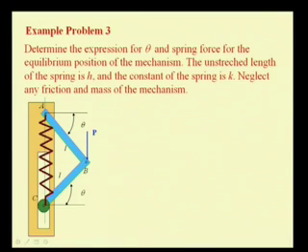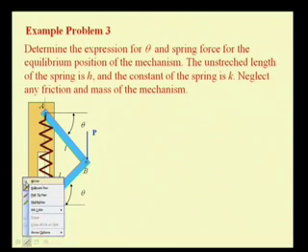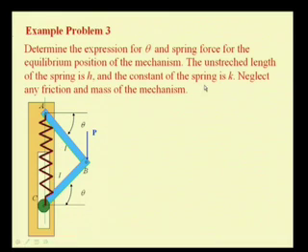So, in this example you see two links AB, BC which are pinned at A and B and it is connected to a roller at C, and this roller is free to slide in this slot. That is, we neglect this friction that is there, and also let us neglect the mass of these links for simplicity.